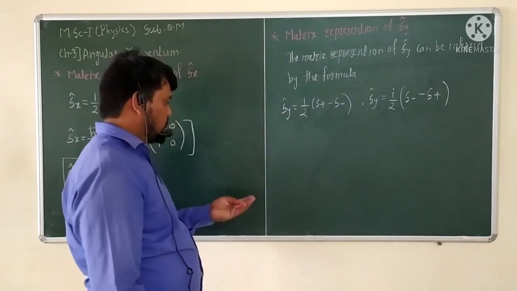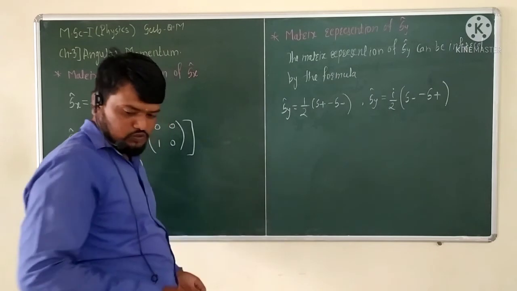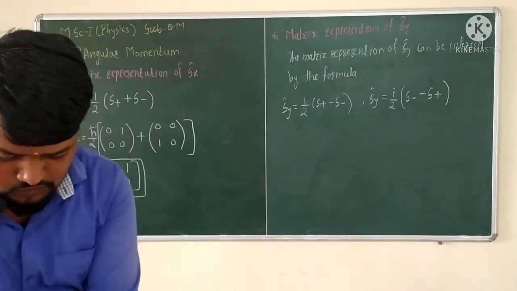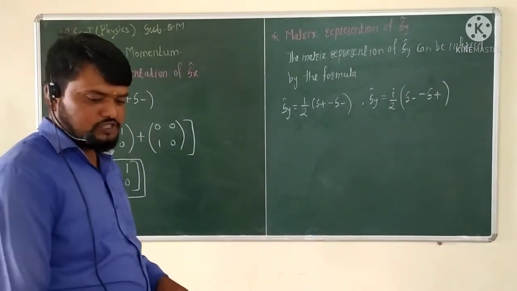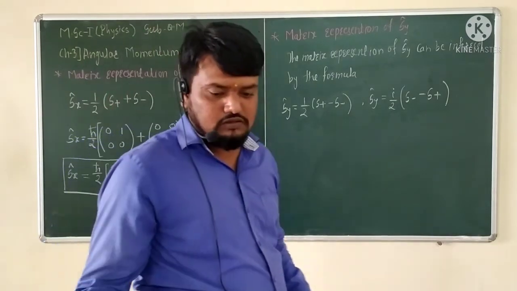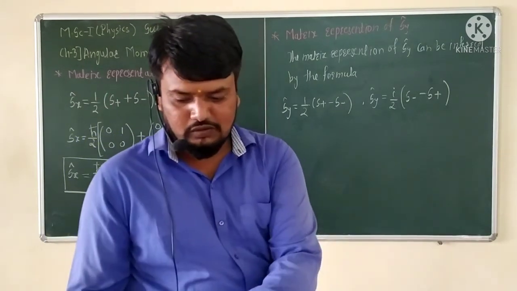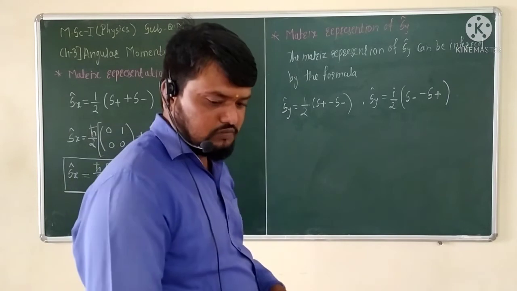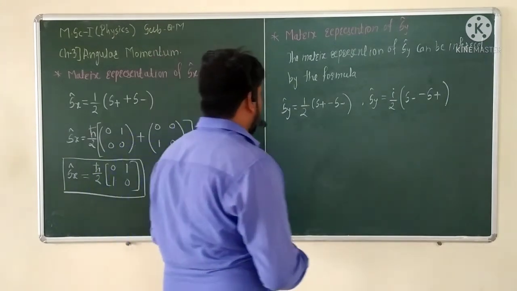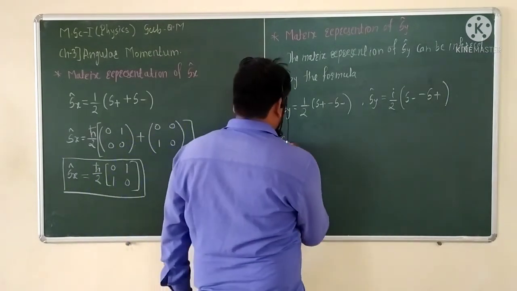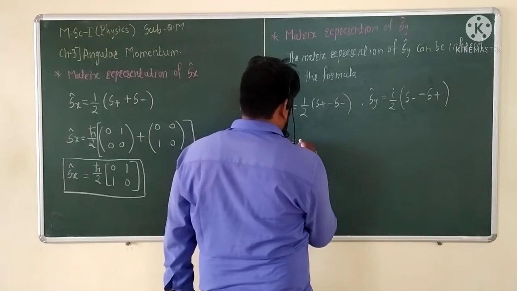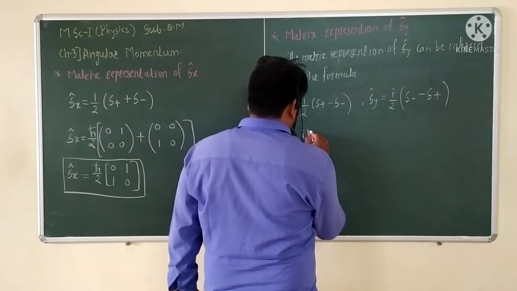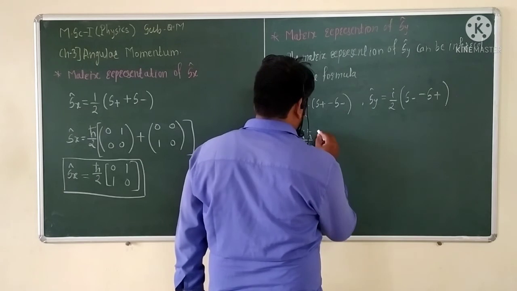So we want to solve using the first formula. Sy cap is equal to i times h cross divided by 2.